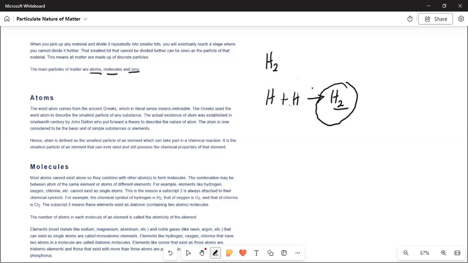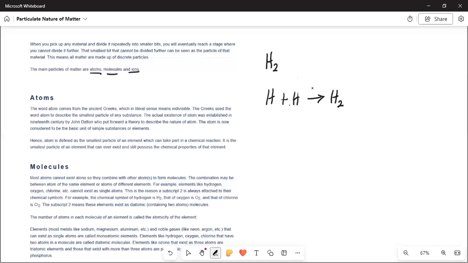This H2 is no longer an atom, but what? A molecule of hydrogen. That is why we say that atoms combine either between atoms of the same element or atoms of different elements. That is what this point is saying, that the combination may be between atoms of the same element or atoms of different elements.